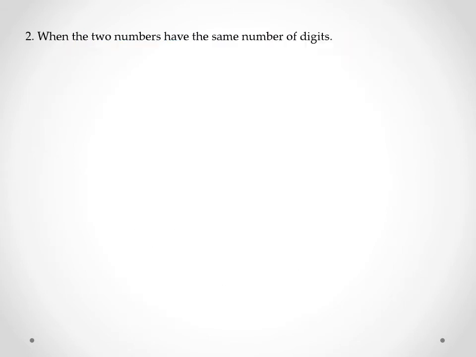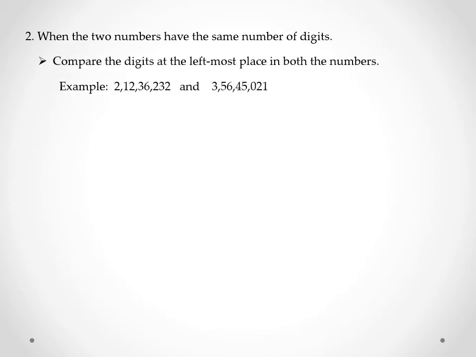Now let us solve using rule number 2. For example, 2 crore 12 lakh 36,232 and 3 crore 56 lakh 45,021. Observe both the numbers. Both the numbers have 8 digits.